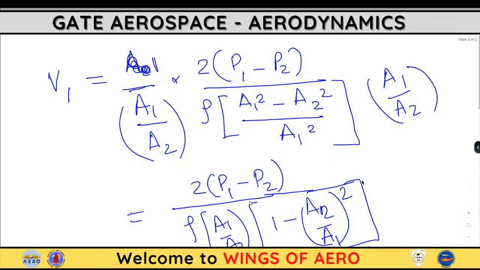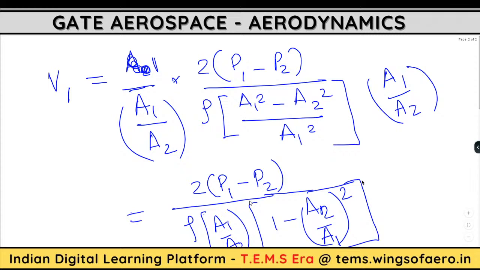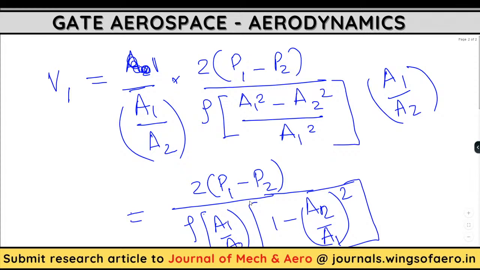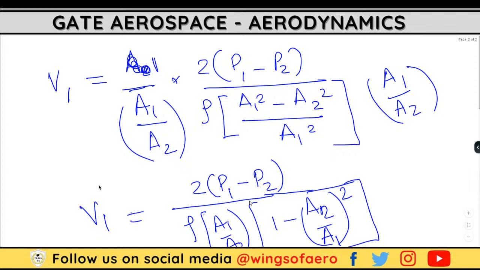Actually, ma'am, the step before this, expanding A1 square minus A2 square by A1 square, I think that could have been avoided, ma'am. That can be avoided and we can go to this equation, yes, ma'am.